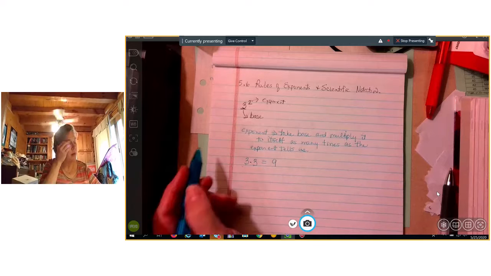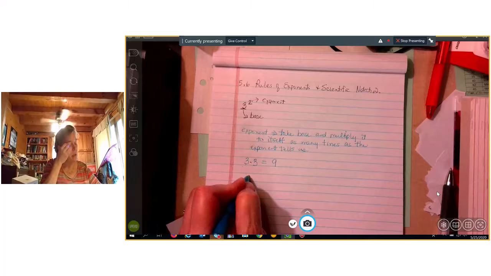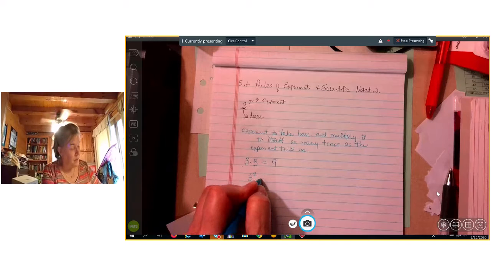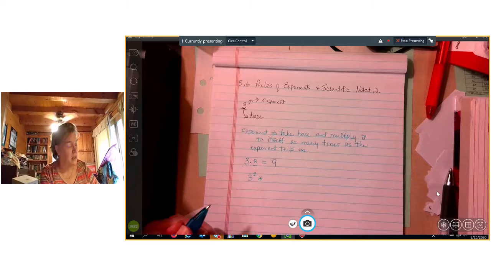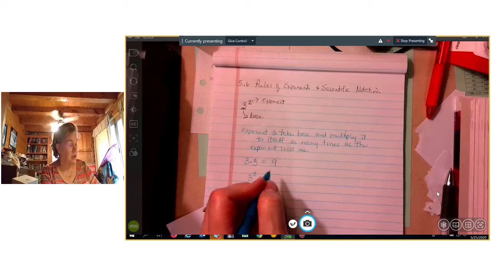Now, what if I had 3 squared, this is my multiplication sign, times 3 to the third?